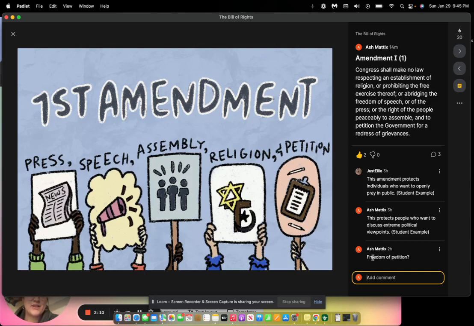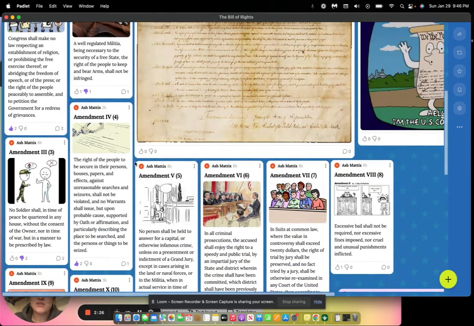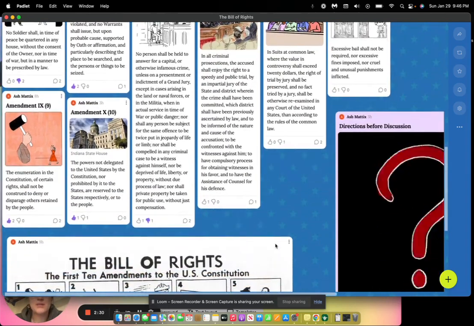So I have someone asking what freedom to petition is. I have someone saying that an amendment could protect individuals who want to openly pray in public. Those are things that could be pertinent to discussing the First Amendment in class. And I did a few of these examples for every amendment.